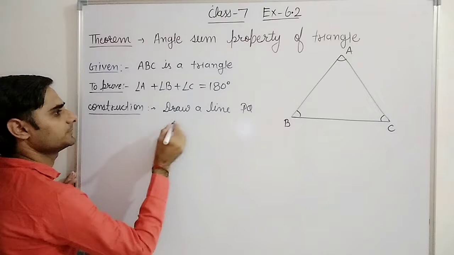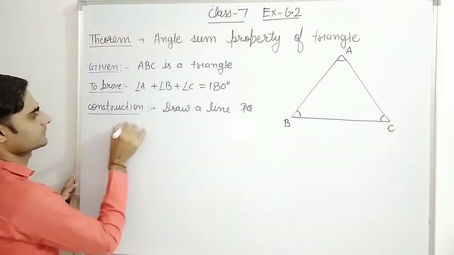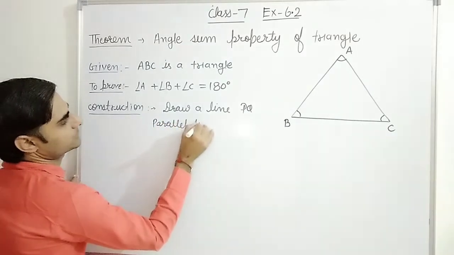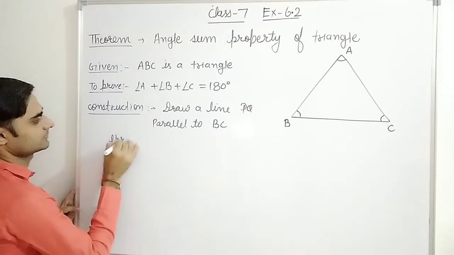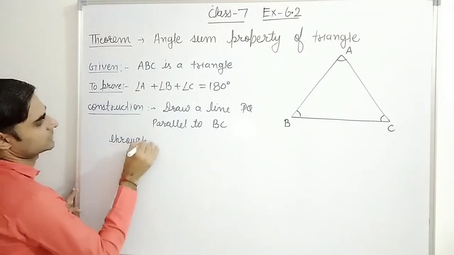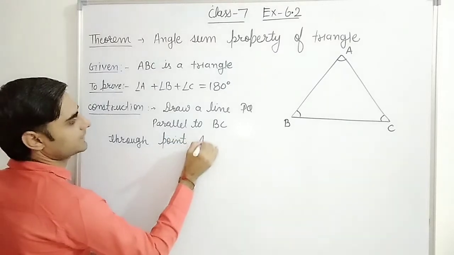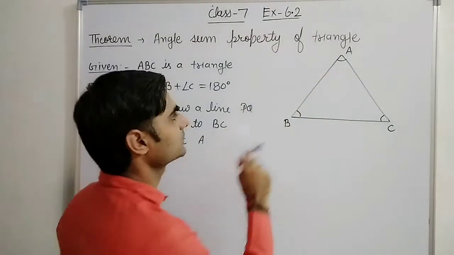Draw a line PQ parallel to BC through point A. Okay, through point A we will draw a line parallel to BC.